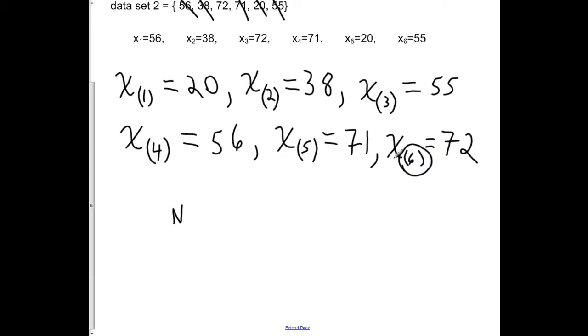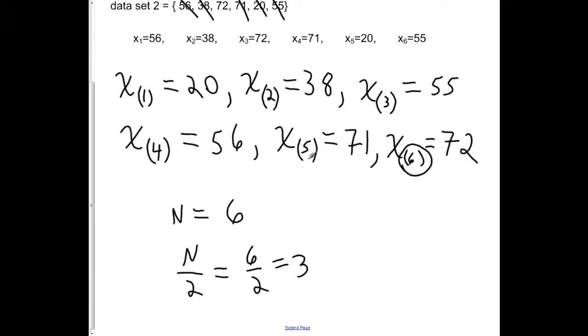So N is equal to 6 here. Remember the trick was to take N and divide it by 2. N divided by 2 here is 6 divided by 2, which is the number 3.